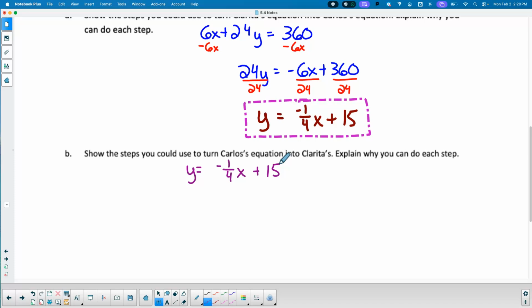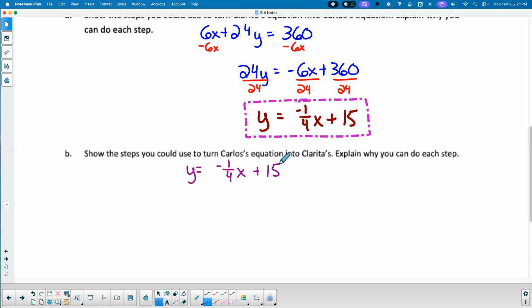What do we notice about Clarita's equation? Just her equation. Looking at it's one of our 3 forms. Carlos was slope-intercept. Standard. It's standard form. So what do we know about standard form? X and Y are on the same side. Yep. Okay, so x and y are on the same side.